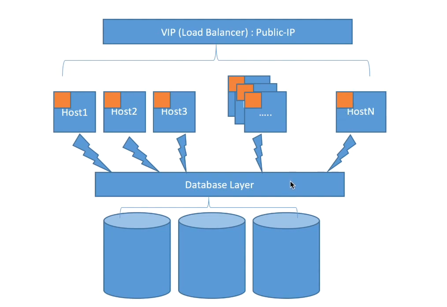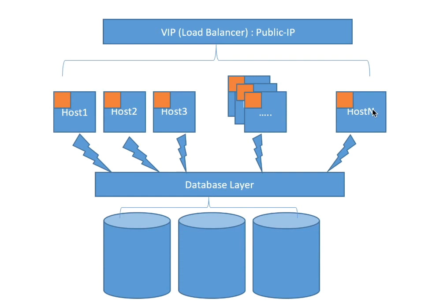Now, the concept I'm trying to highlight here is that there's a design decision you need to make: what part of the data structures would you like to keep in RAM and what part of the data structures you want to keep in the database. Now consider the scenario. Let's say there's a software running on each of these hosts and you have to update this software.